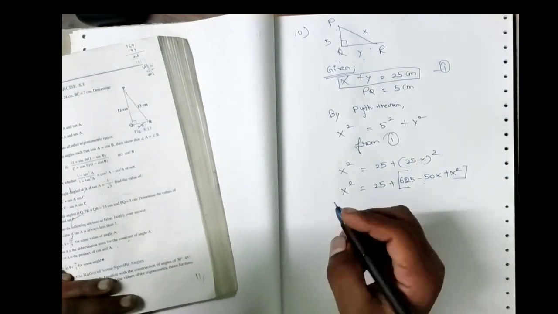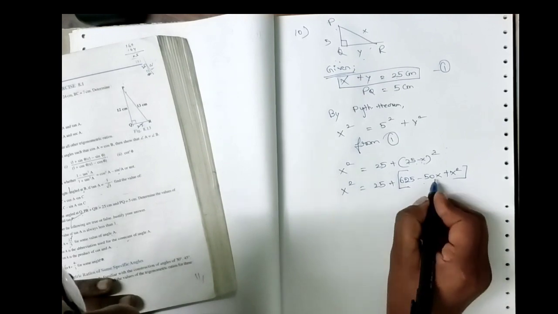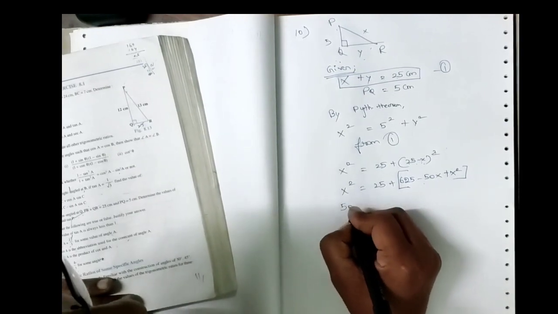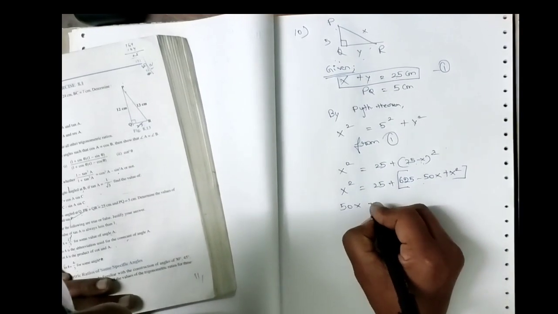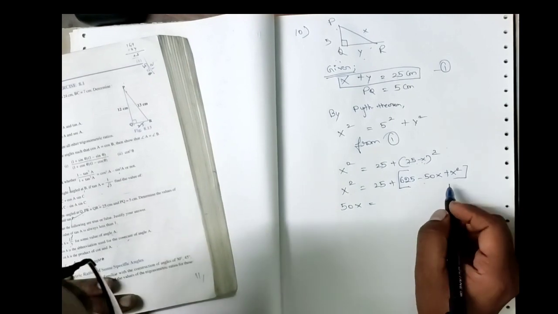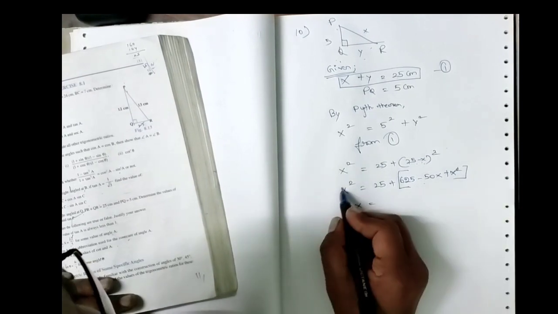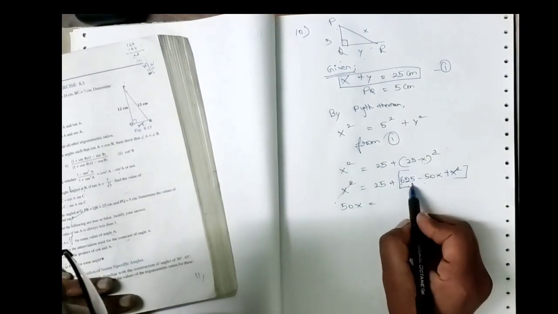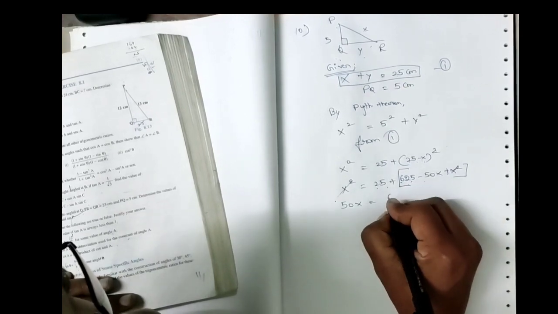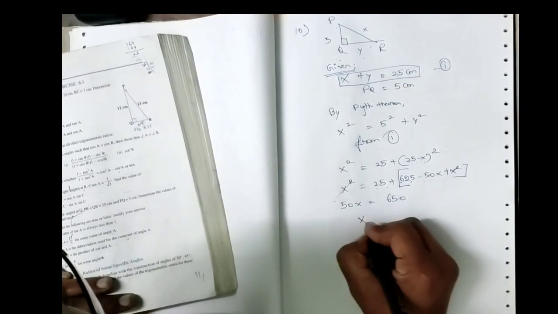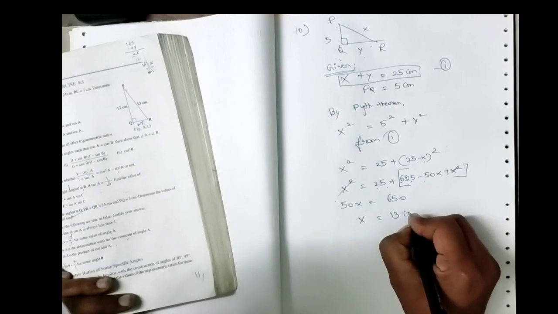So now solving for x, minus 50x will come as plus 50x to the left hand side, which equals, this both will get cancelled. 625 plus 25 will be 650. So x is going to be 13 centimeters.